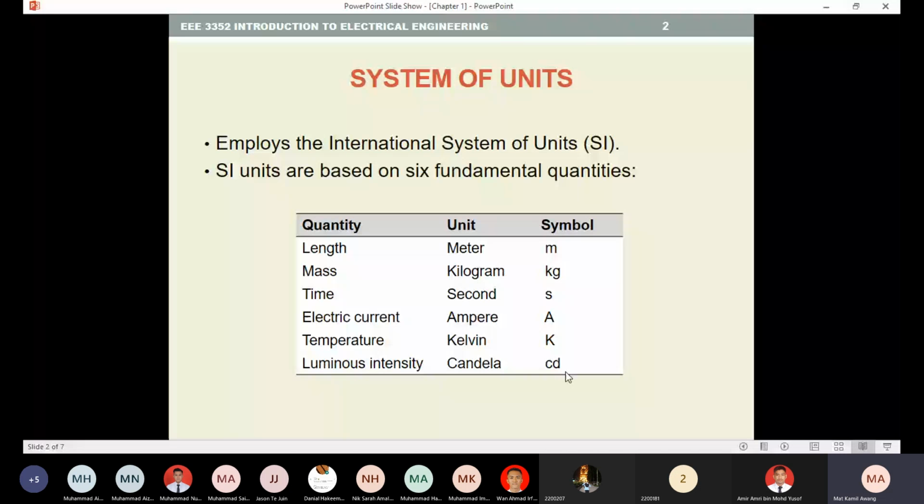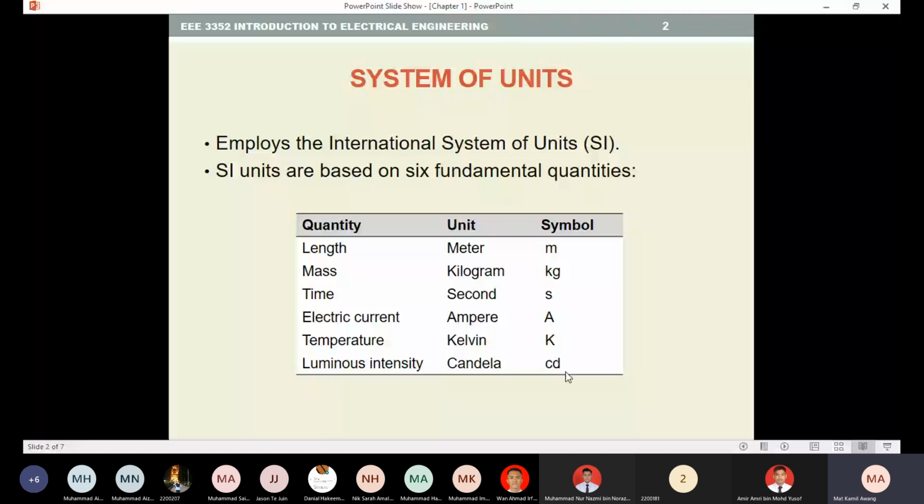Why are the symbols for electric current and temperature capital A and K? Anybody know? It's because it's the initial of a person. Ampere is a person. Kelvin is also a person, so the symbol is a capital.